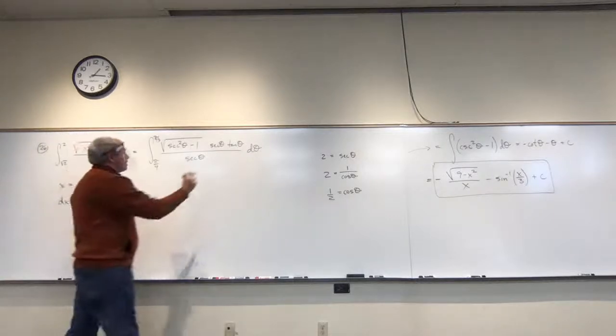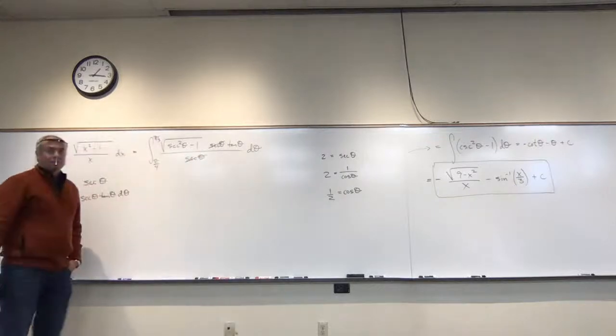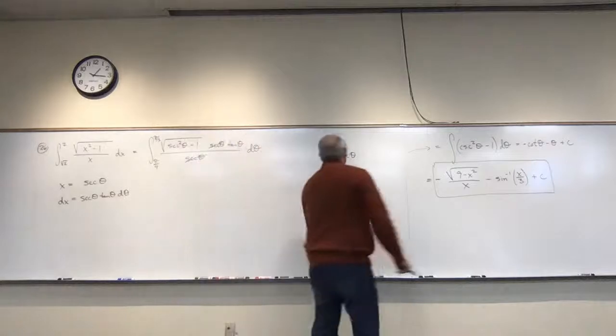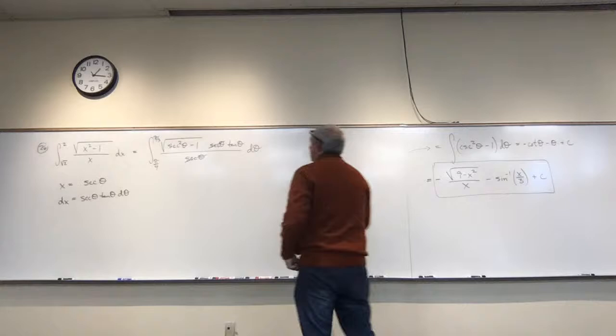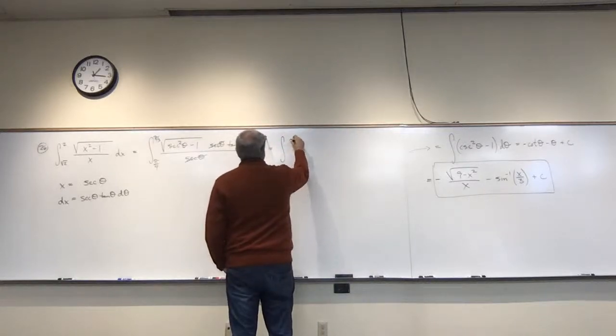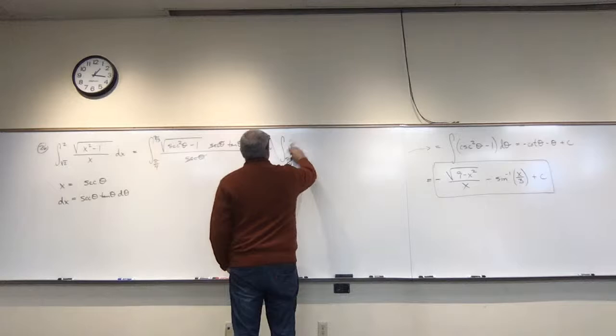Okay, also we have a secant of theta on top, a secant of theta on bottom, so we can cancel the secant of thetas and move on. All right. So this is going to be integral, pi over 3 on top, pi over 4 on the bottom. That's kind of weird.